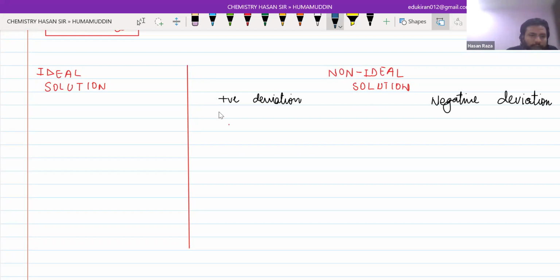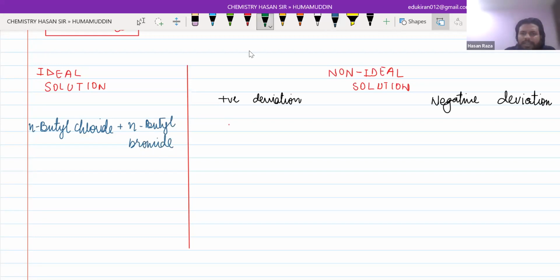If I'm gonna tell you that this is the solution of n-butyl chloride plus n-butyl bromide. You can see that butyl means hydrocarbon having 4 carbons, and chloride and bromide are both halogens, so they are similar to each other. Yes or no?